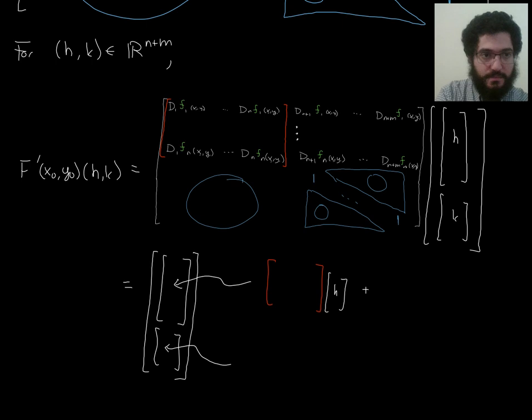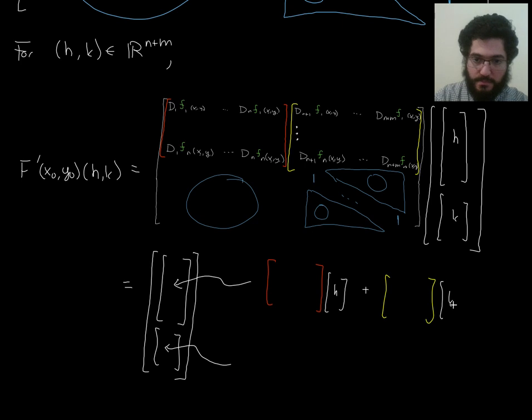Plus this yellow portion applied to the vector k. And then down here we have, well, a big fat 0, right? For this applied to h, and then plus this thing applied to k. That's just k. Let me write it like this. It's just k.